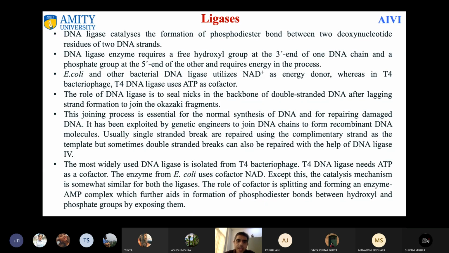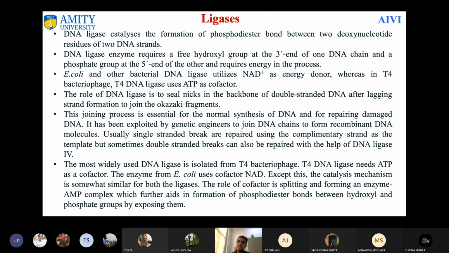Okay, and the ligation is only possible when the 2 strands of DNA come close to each other. If 2 strands of DNA are very far apart, then they are not going to ligate. So when they come close to each other, they are going to ligate. As you remember in case of restriction endonuclease, we talk about the 2 types of cut. One is the blunt cut and second is the staggered cut or the sticky cut.